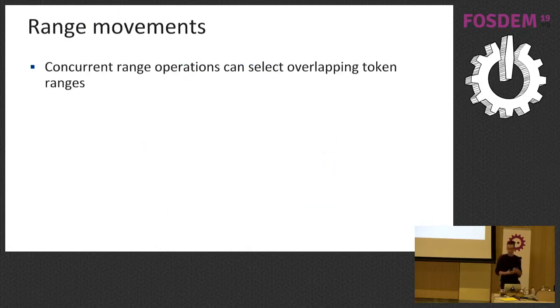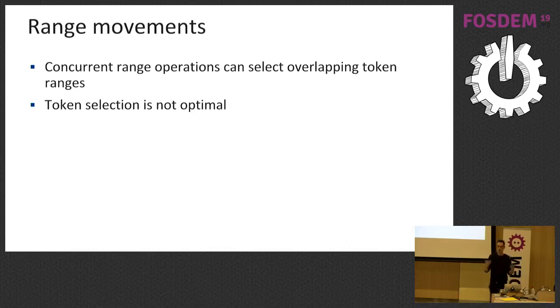Another thing is range movements. Currently, we can't really have concurrent range movements. We can't add more than one node at a time because they can pick conflicting token ranges. And whenever a node joins the cluster and picks whatever token ranges it wants, it will do so randomly.